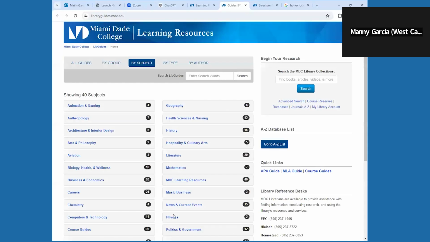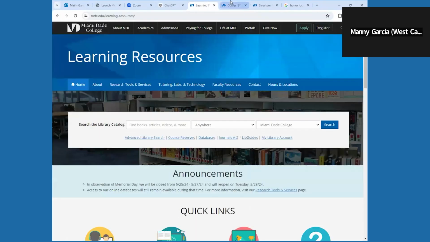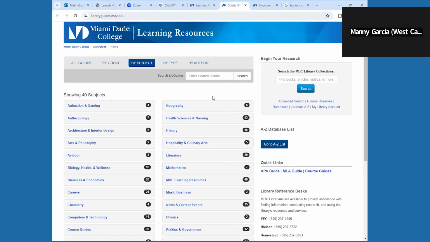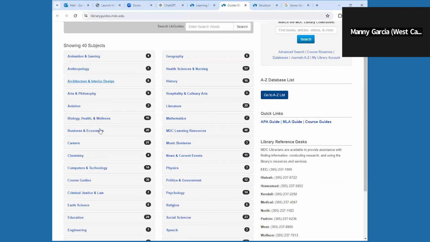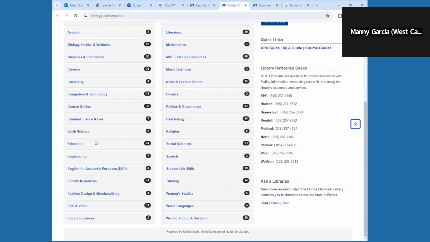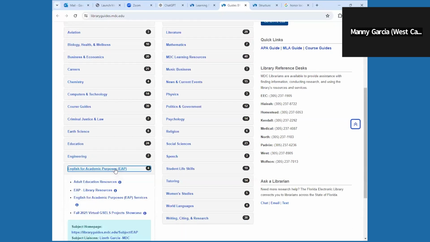It'll bring you to this nifty page over here. Do we have it under LibGuides? Okay, we do have it under LibGuides. You'll click on LibGuides. And then it'll bring you to this page that says learning resources, all guides by group, subject, by date, and so on and so forth.